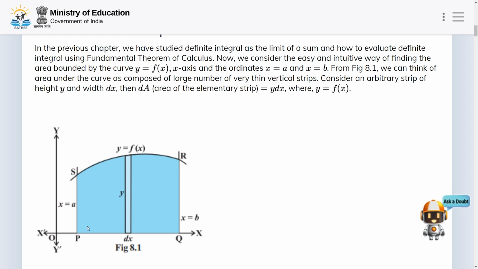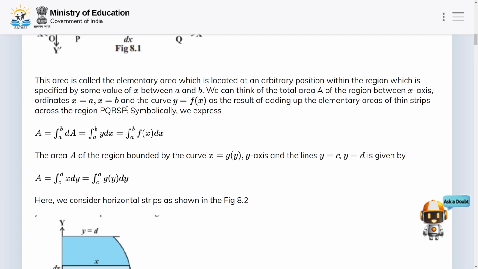Whatever the number of strips you get, just find the area of each using y dx and add them. You will get the total area under the curve surrounded by x equals a, x equals b, the ordinates, and also the x-axis. This area is called the elementary area, which is located at an arbitrary position within the region, specified by some value of x between a and b.